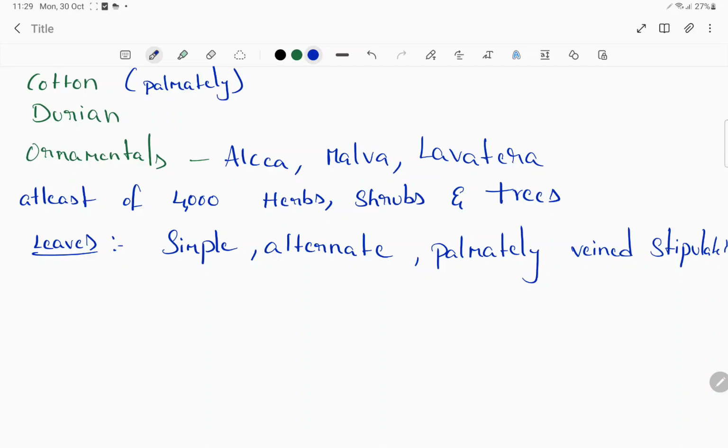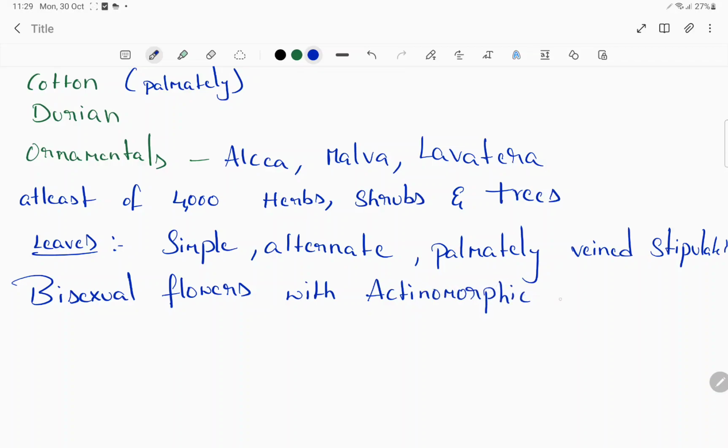The flowers are bisexual. We have bisexual flowers with actinomorphic symmetry, in the sense radial symmetry.